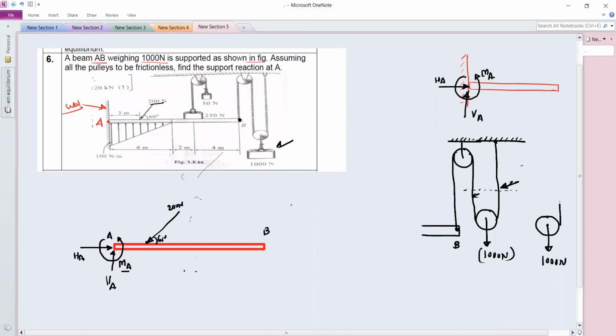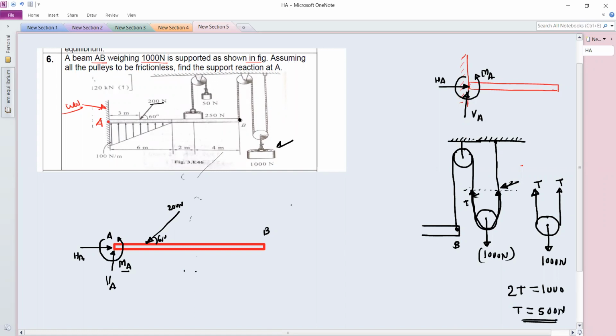Then on one side, this is the tension in this rope. On other side, we will have the same tension because it is the same portion. So this is T and this is also T. Okay. So here you can use the equilibrium. So we can write 2T, so T plus T, this is equal to 1000 Newton. So from this you will get tension T is equal to 500 Newton.